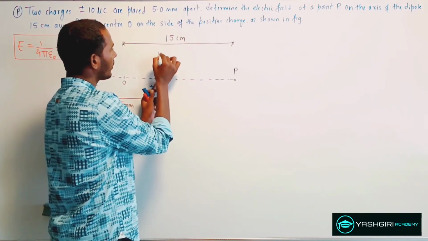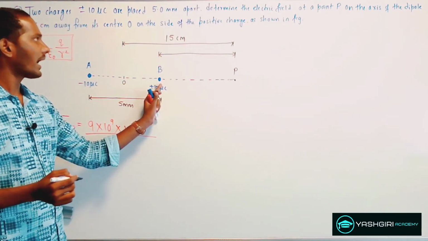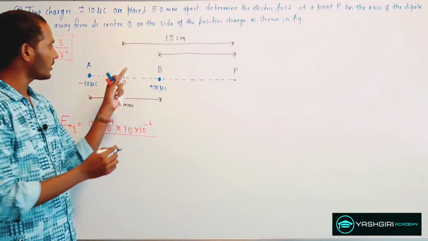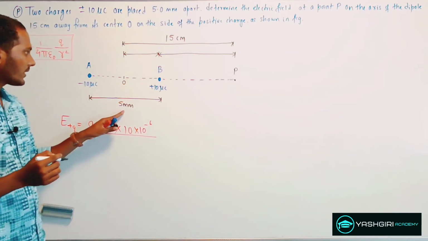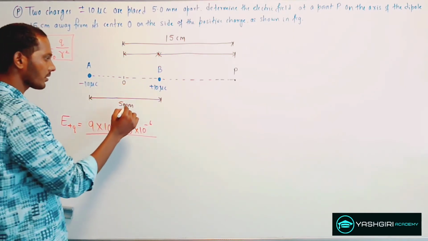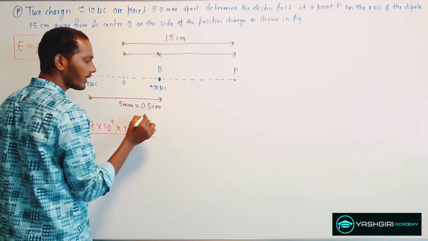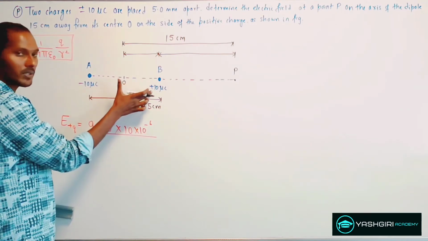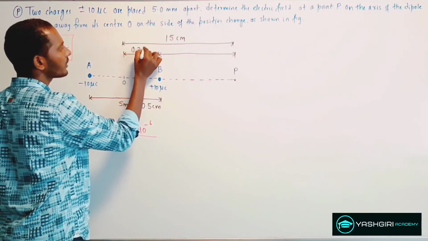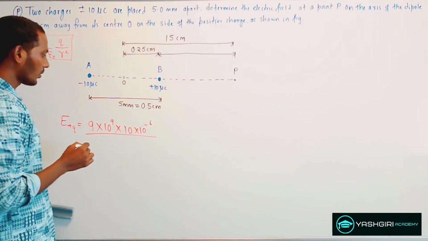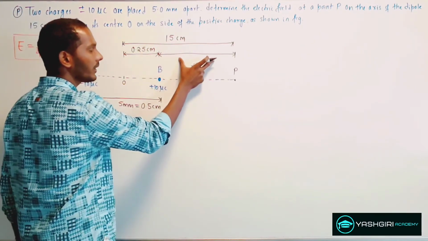So I want to calculate the distance from point B to the point P. Yes, so what I have to do is subtract from this 15 centimeters the distance from the center to the point B. Now this is 5 mm, which means 0.5 centimeter, correct? And this is the distance from the negative charge towards the positive charge. So that means from center O to B, it will be 0.25 centimeters. So if I write 15 centimeters minus this, that will give me this length.